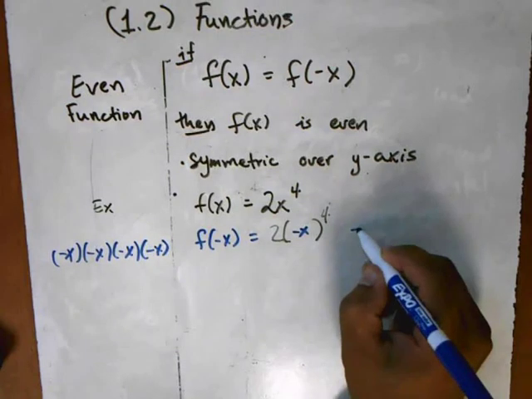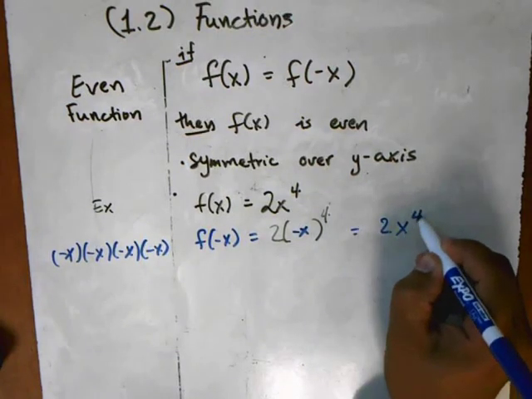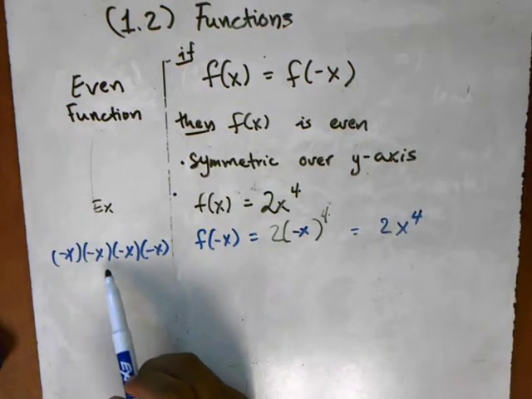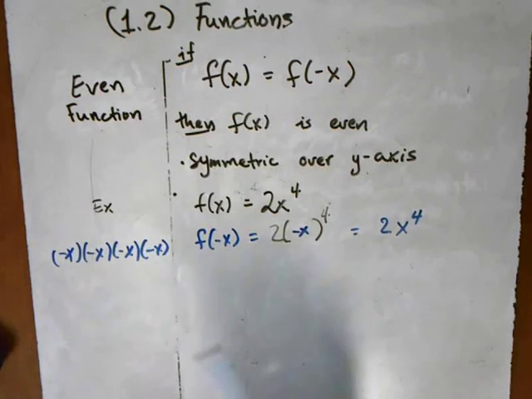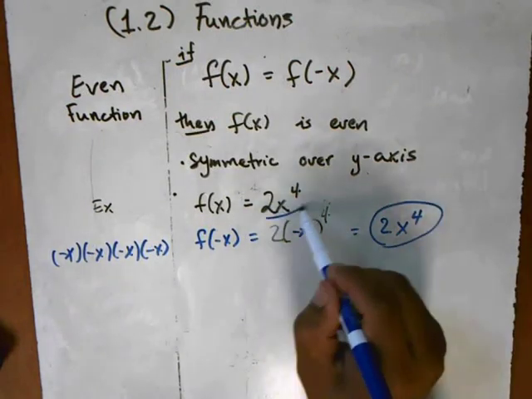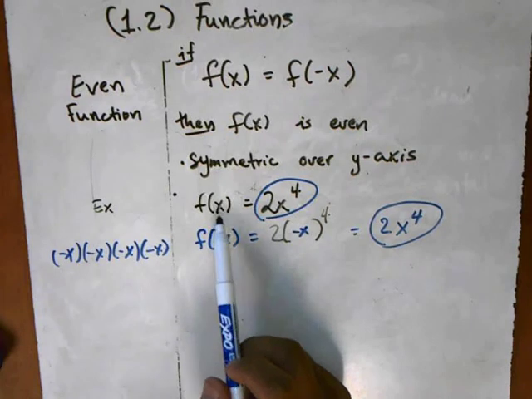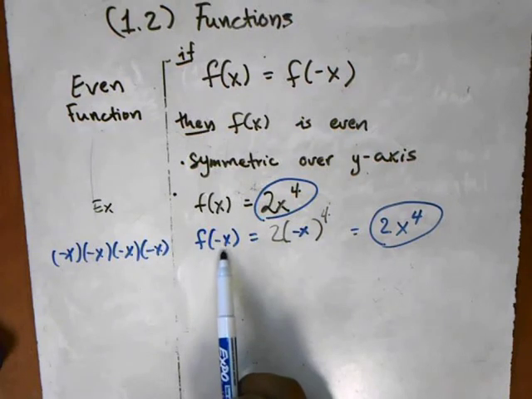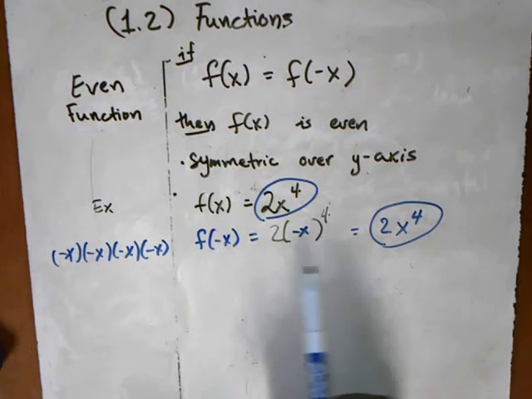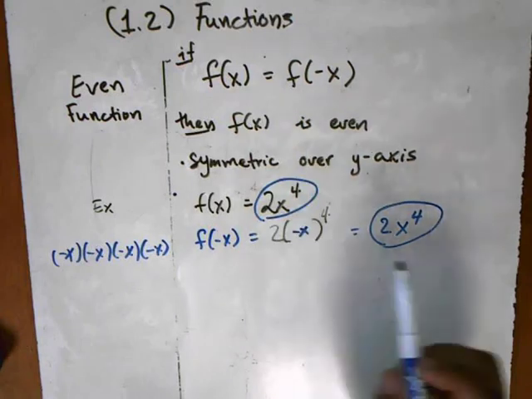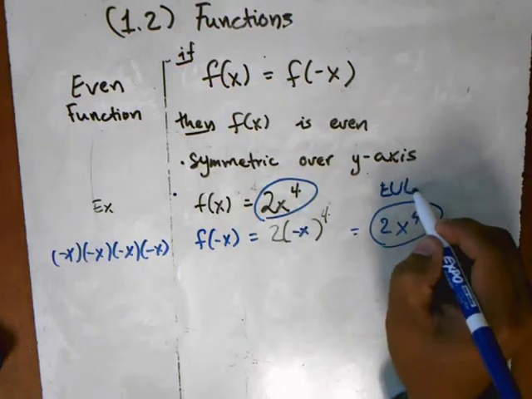So now I end up with 2 positive x to the fourth because I'm multiplying these negatives 4 times. You see this right here and this right here are the exact same thing. So I can take the original function, or I can substitute in a negative variable for x, and I get the exact same thing. So that makes it an even function.